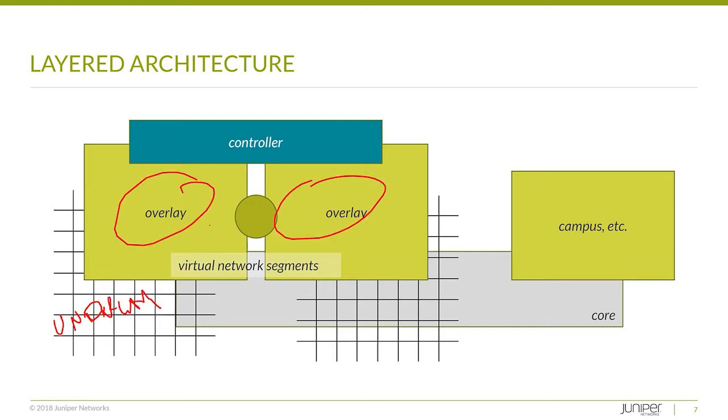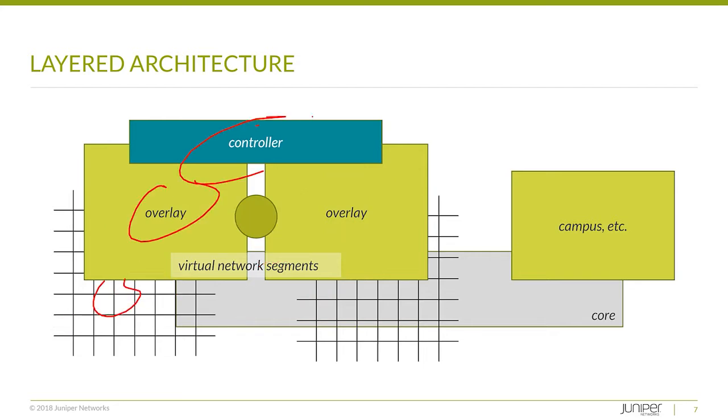I'll have an overlay. The overlay does the DCI work using virtual network segments within and between these overlays. So this is kind of my layering. I have an underlay, an overlay, and then a controller, or some sort of system that is managing this whole mess. The underlay is the focus in this particular presentation.